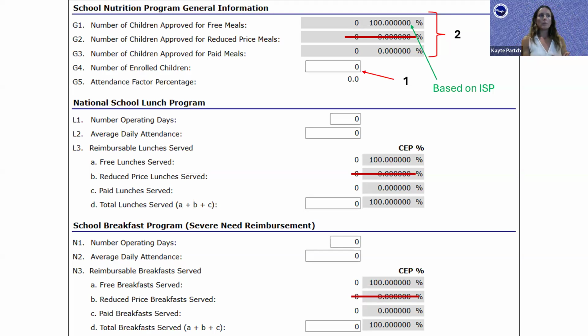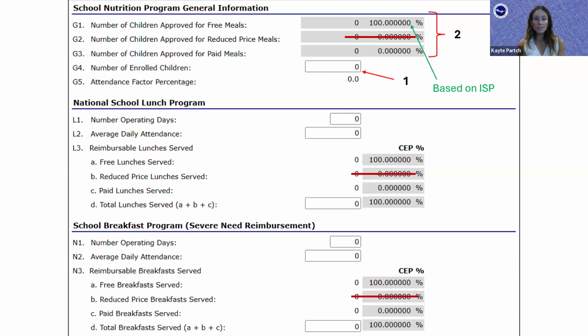If this building, for example, had an 80-20 mix where 80% of the meals were reimbursed at the free rate and 20% at the paid rate, and you served 1,000 lunches, then after you enter 1,000 in the total lunches served text box, the free lunches served is going to get changed to 800, 80% of the lunch meals reimbursed at the free rate. And then letter C, paid lunches served, is going to be automatically changed to 200, where 20% of the meals you serve would be reimbursed at the paid rate.